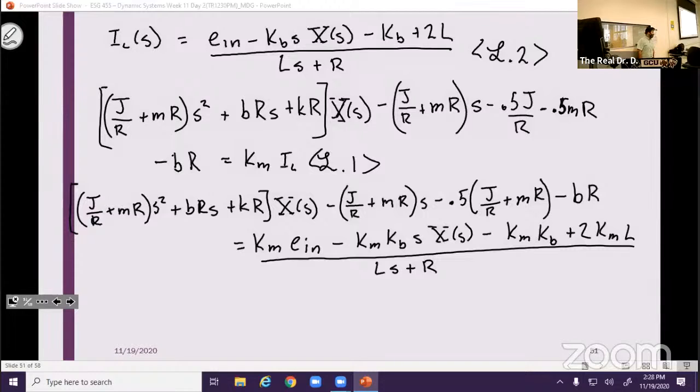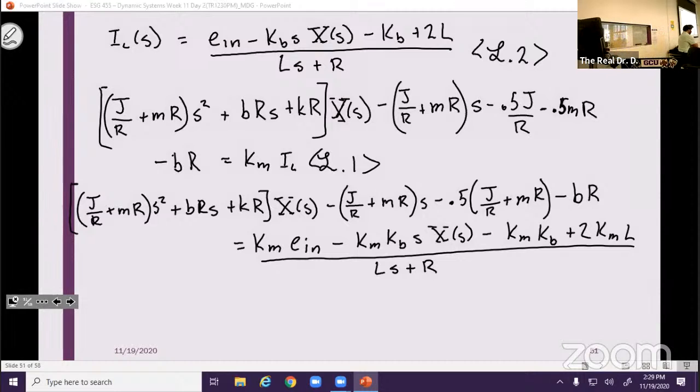Oh, goodness. All right, so now what do we have to do? Well, now we solve this for X of S. How are we going to do that? Well, first thing we're going to do is multiply through by LS plus R for every single term. I want you to see what's going to happen here.